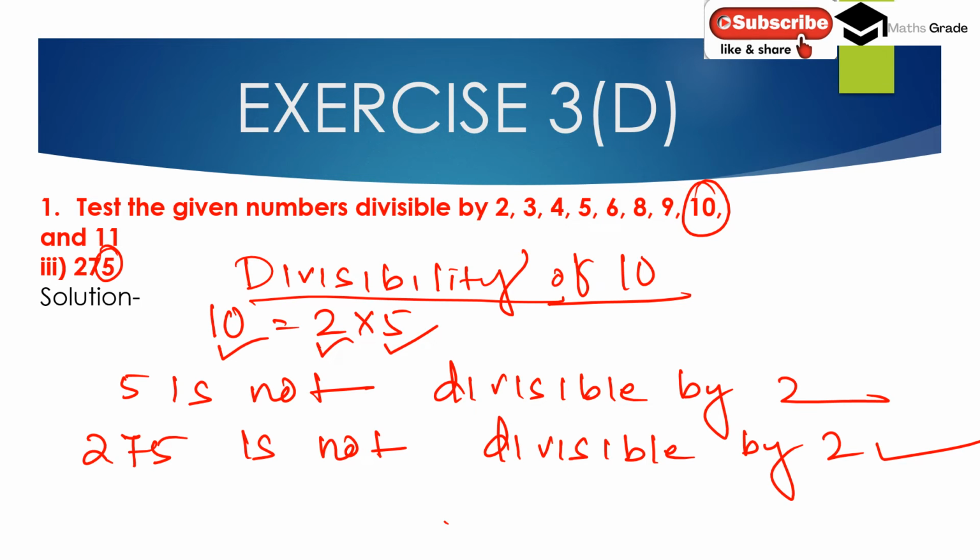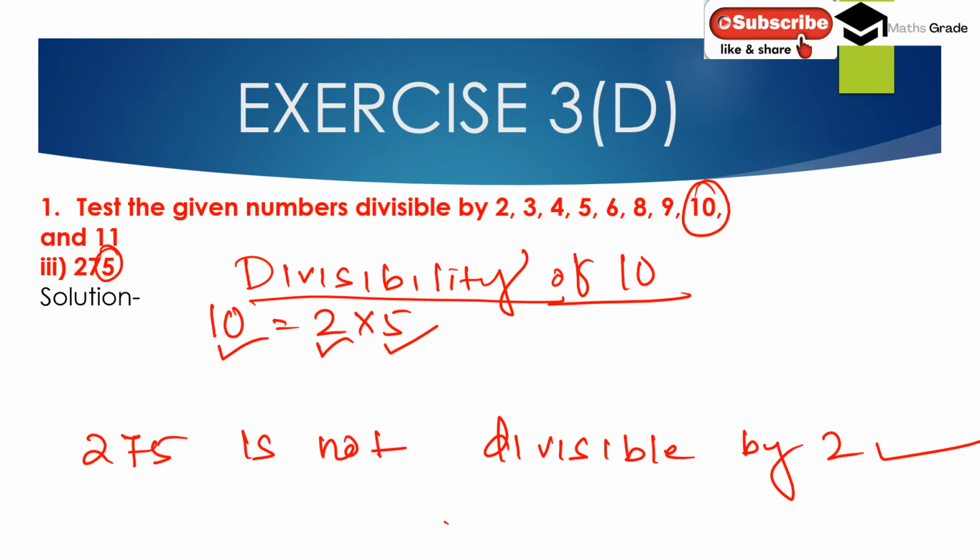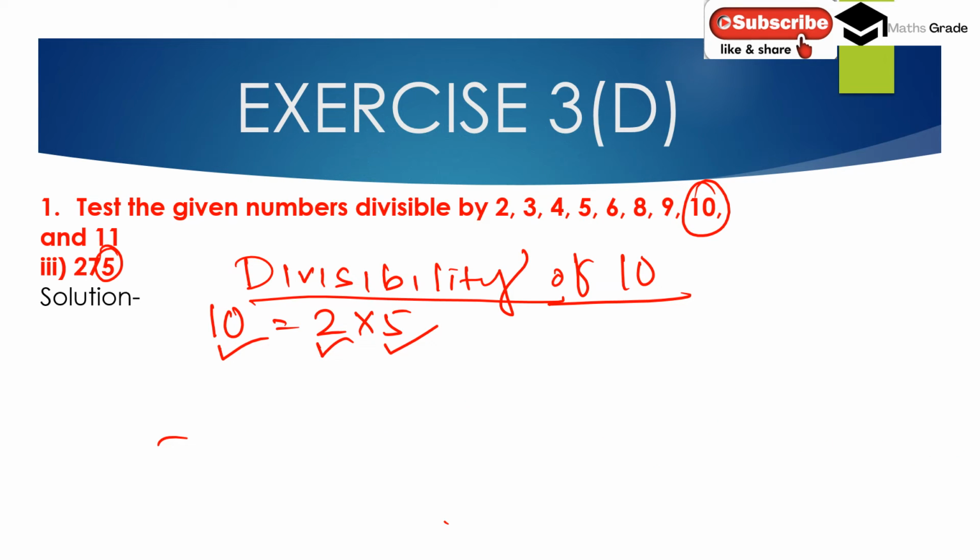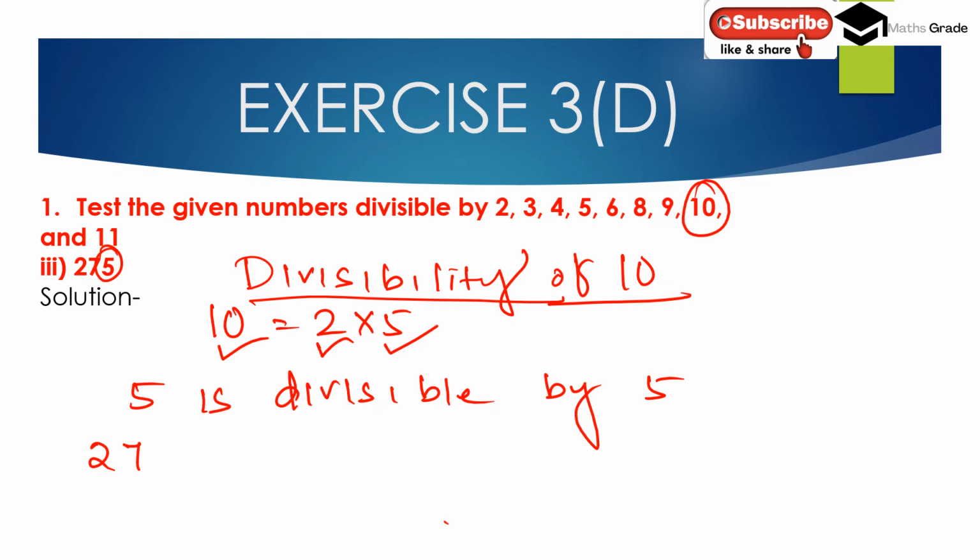Now we will check whether the number 275 is divisible by 5 or not. Here the last digit, that is the unit place digit of the number 275, is 5, and 5 is divisible by 5. So this number 275 is divisible by 5.